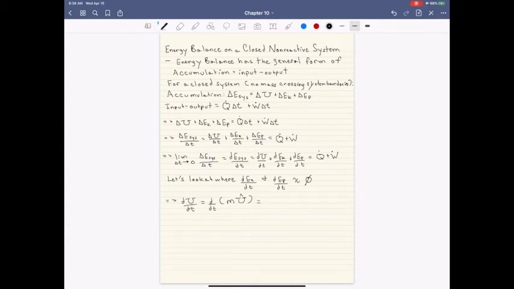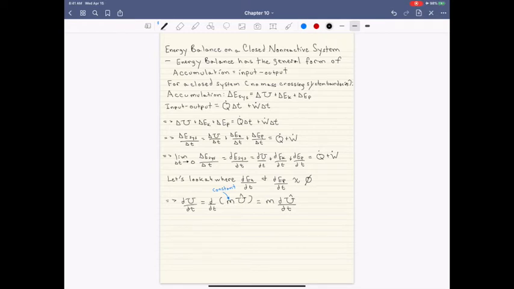And then for our system, to simplify it even further, we're also just going to say that the total mass in the system is constant. And since it's a constant, we're just going to pull it out, and we're left with the mass times the derivative of the specific internal energy with respect to t.